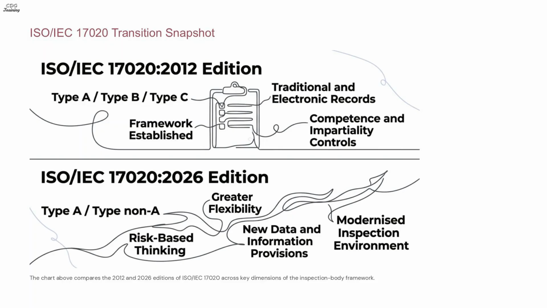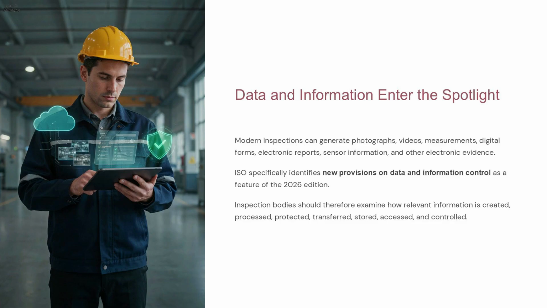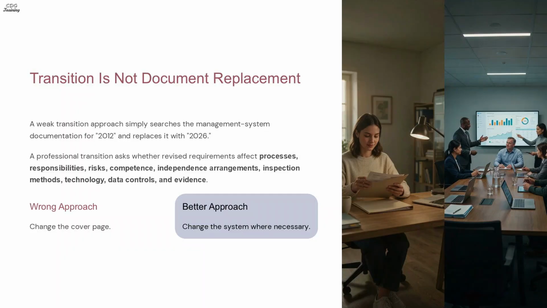The transition snapshot compares the 2012 and 2026 editions, highlighting key changes. Data and information control are crucial in the 2026 edition, spotlighting their creation and management. Transition requires system changes, not just document updates, for effective compliance.